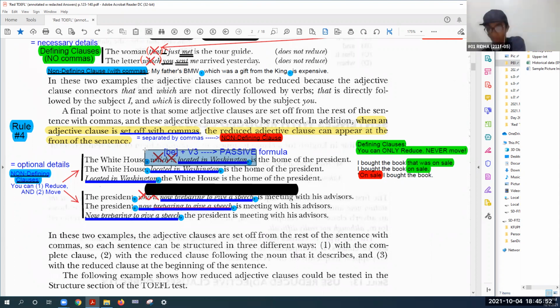Now, some of you, here's some extra information for you. If you look at the grammar reference from Unit 1, it's on the first page.